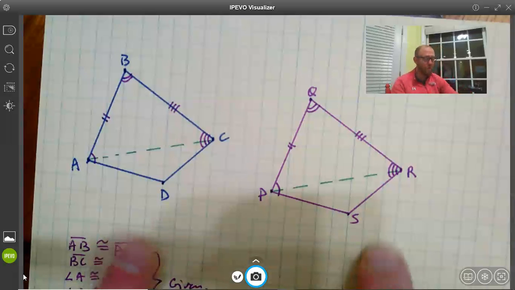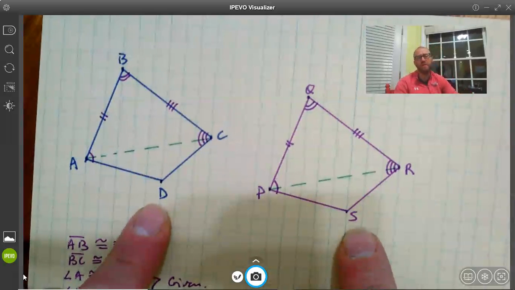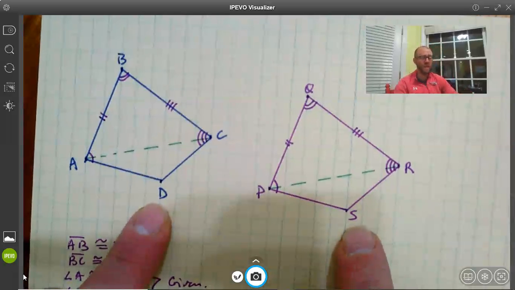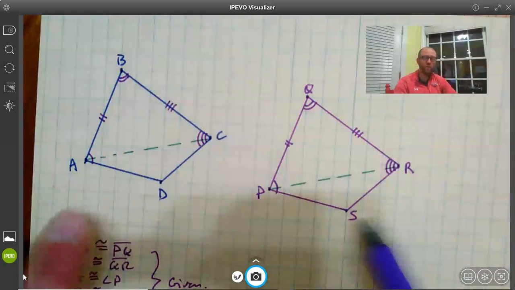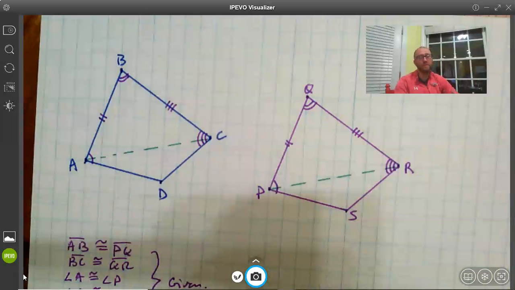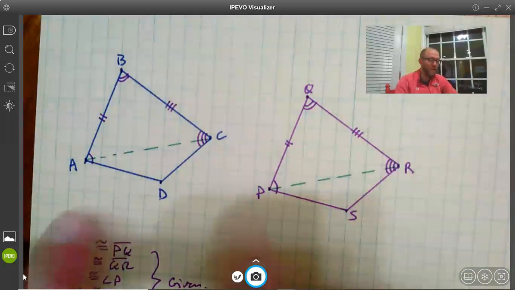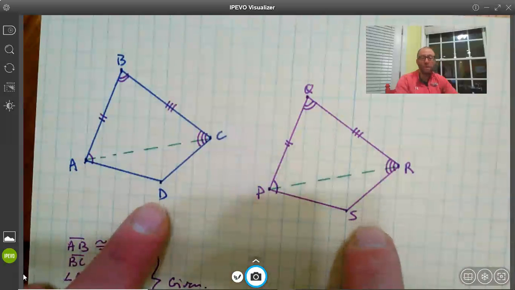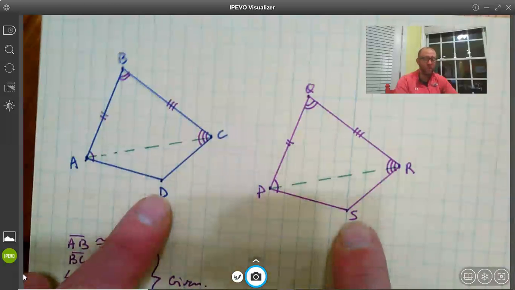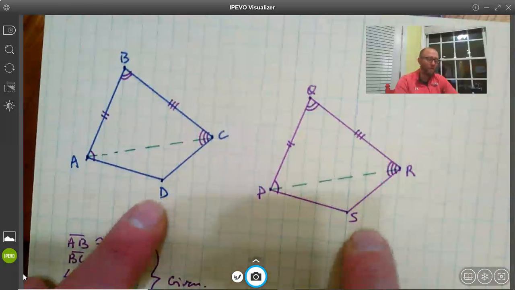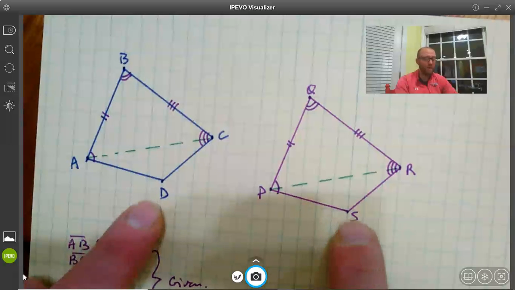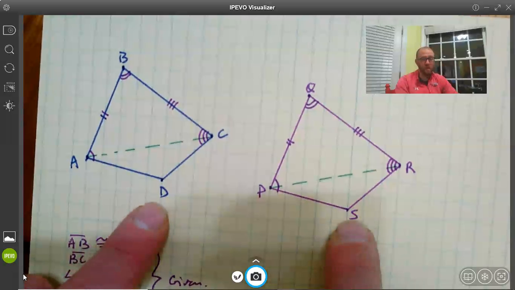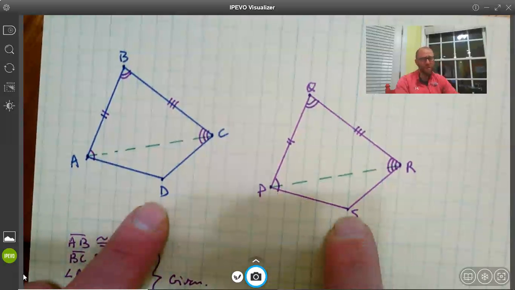One little thing, we could have said, by the way, that angle D and angle S are congruent right from the beginning. Because in a similar way, I don't know if I talked about it before, sorry, if I've got two polygons that have equal numbers of sides or equal numbers of angles, and I know all the angles pair up and are congruent except for one last angle, well, any quadrilateral's angles always add up to 360, triangles always add up to 180, pentagons always add up to 540.